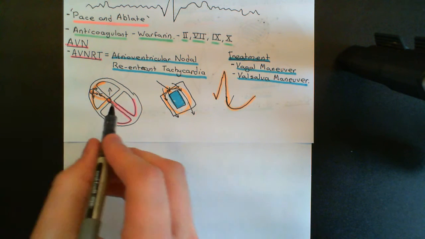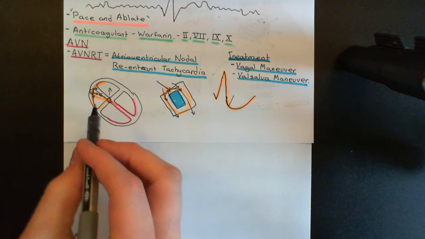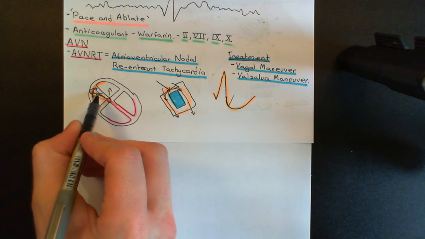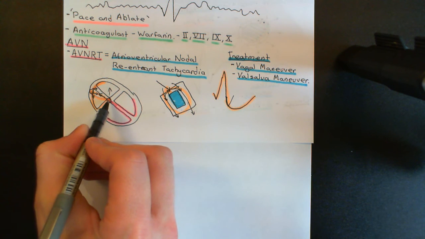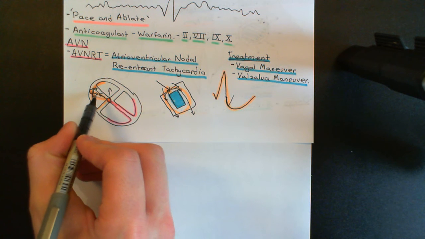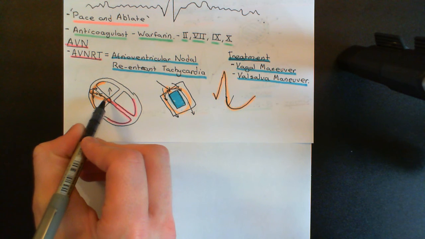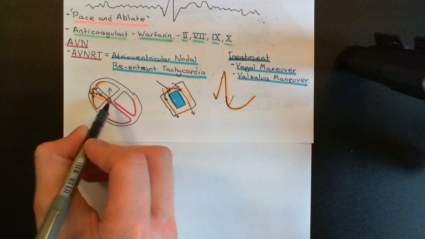Okay, just like when we were talking about the conduction of electrical signals from the atria to the AV node, and we said that there was a maximum number of electrical signals that the AV nodal cardiomyocytes could conduct in a minute.